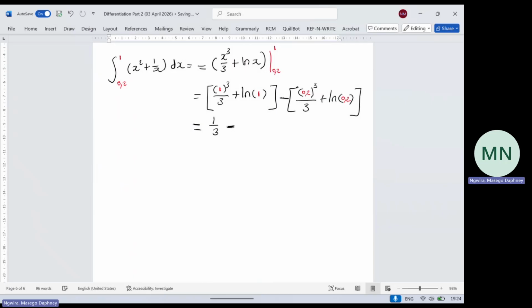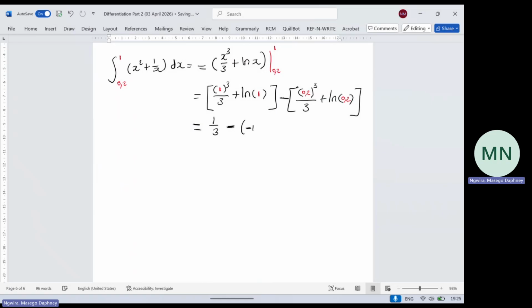Let's see what I get. Okay, I get a negative. I don't know. Oh no, it's cubed over 3. Sorry. Over 3. Yeah, I still get a negative. I hope I didn't do anything wrong. Okay. I get a negative here.